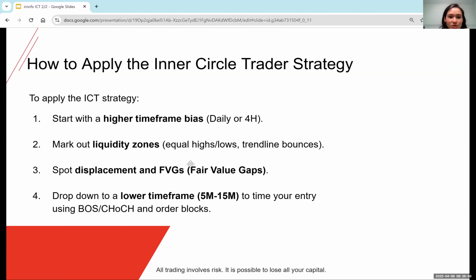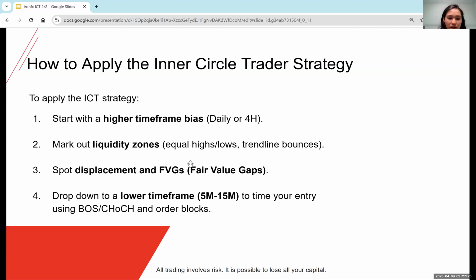So how exactly to apply the ICT strategy? Firstly, start with a higher time frame bias. You can start looking at your daily or 4-hour time frames. Then you can mark out liquidity zones, so you're looking at equal highs or lows or trendline bounces. Next is to spot displacement and FVGs.